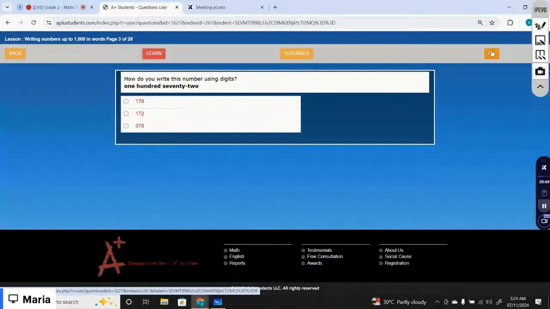How do you write this number using digits, 172? So which is the correct option?